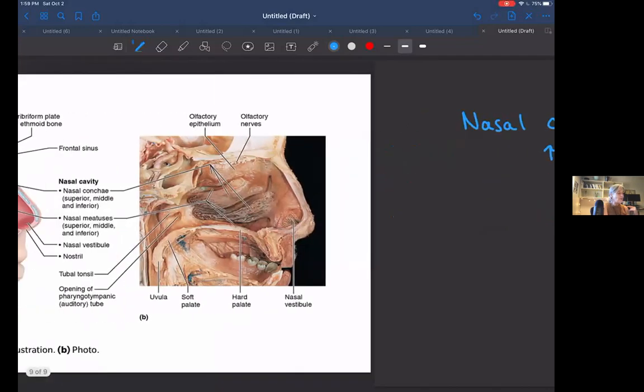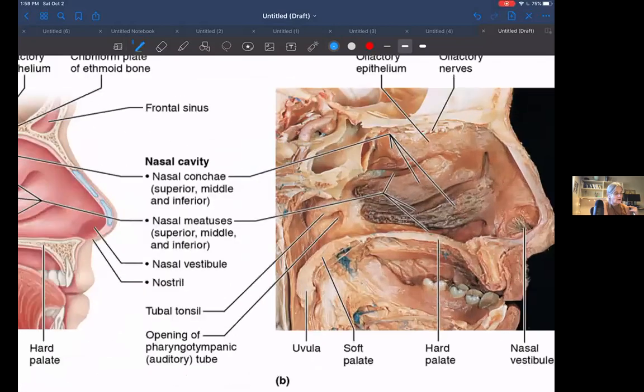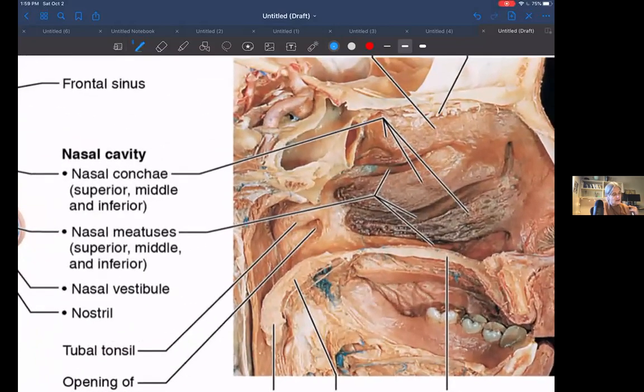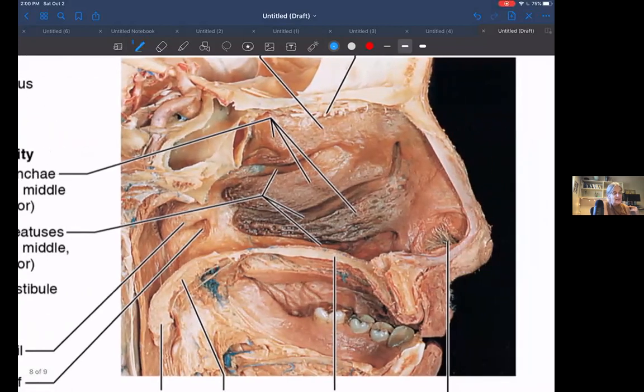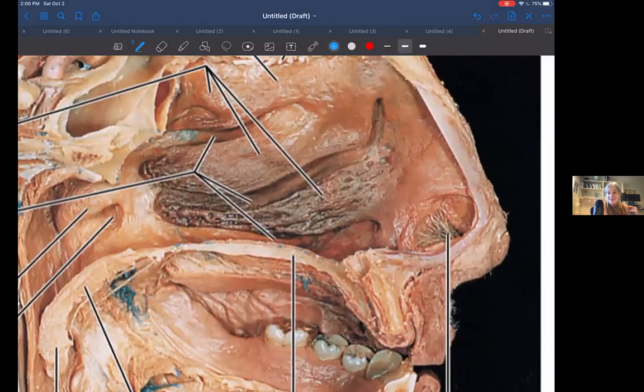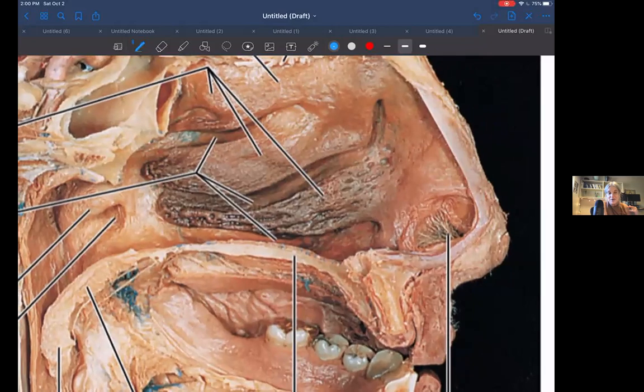If we look at that, we can see even in the cadaver all that surface area, right? This also, as air goes over it, is going to moisten the air and warm the air. You can see the hair inside the nasal cavity of our cadaver.